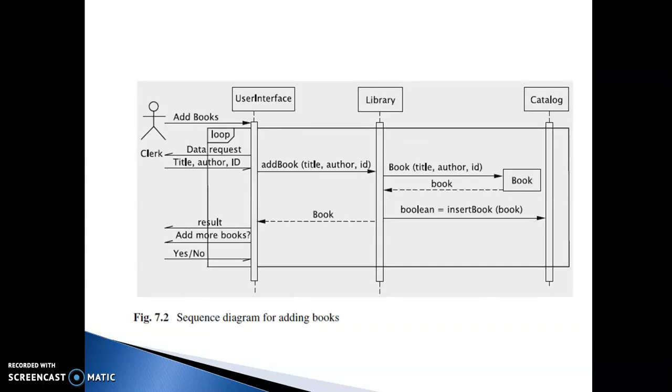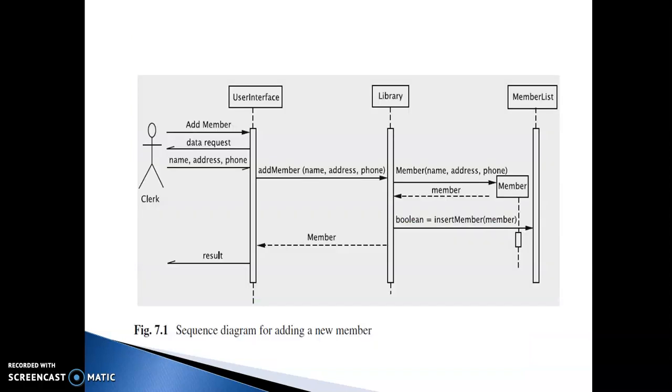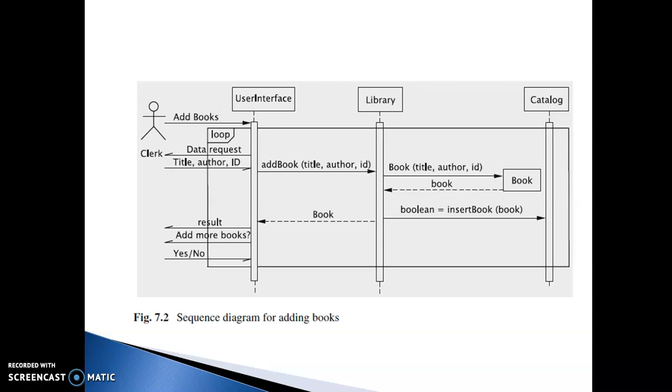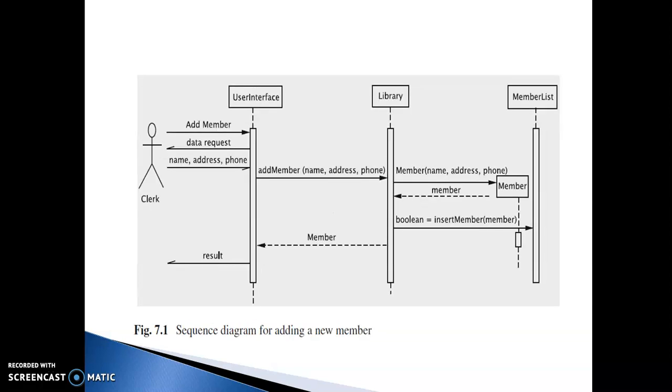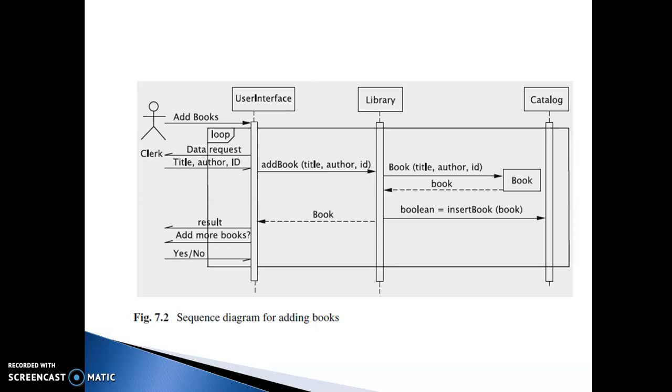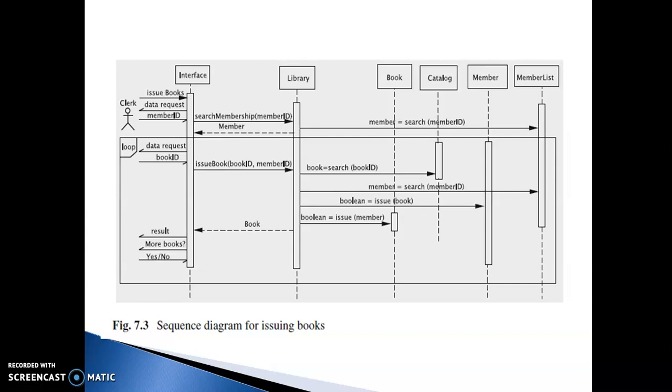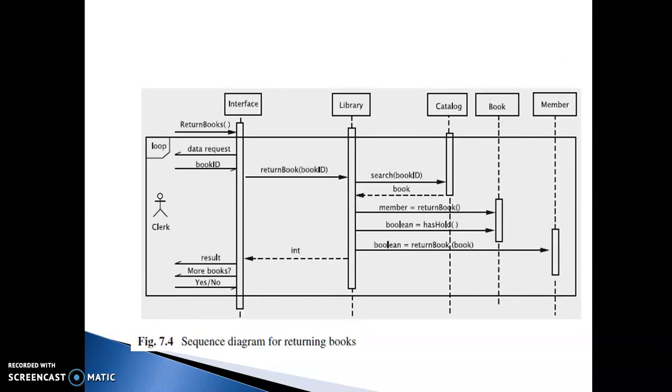We'll come to know how the sequence diagrams work for adding a new book, sequence diagram for adding books. New books is different. Sequence diagram for adding the books. Sequence diagram for issuing a book. Issuing a book means you are taking the book from the library, and a sequence diagram for returning the book.